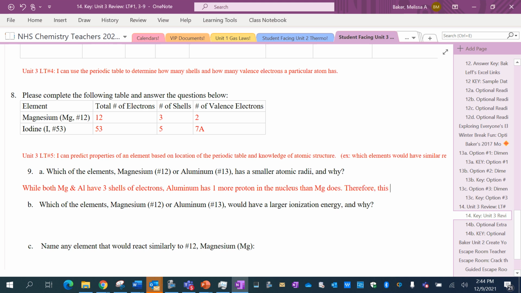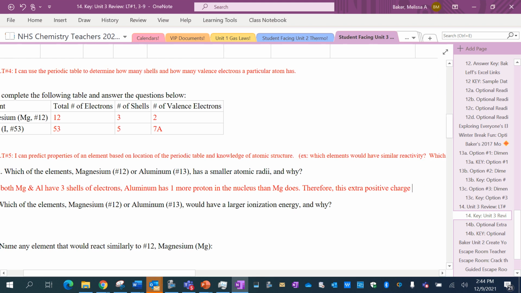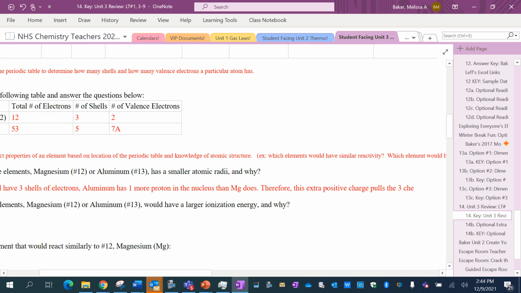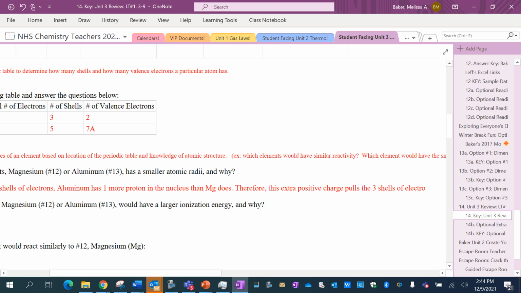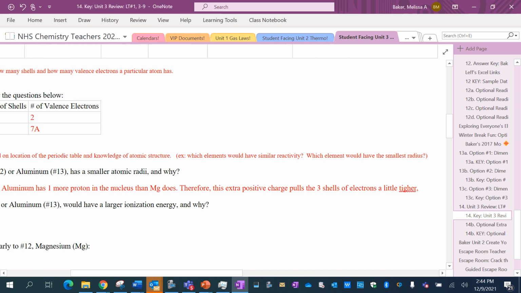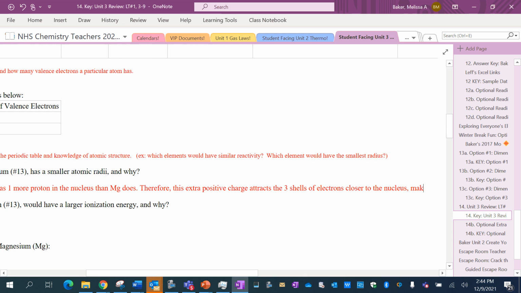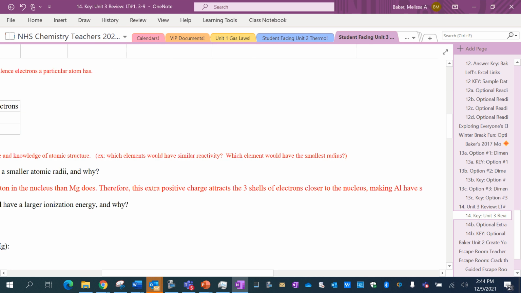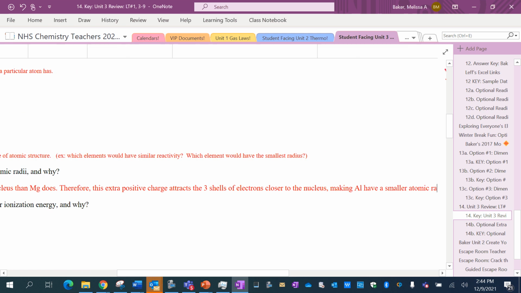Therefore, this extra positive charge attracts the 3 shells of electrons closer to the nucleus, making aluminum have a smaller atomic radius.